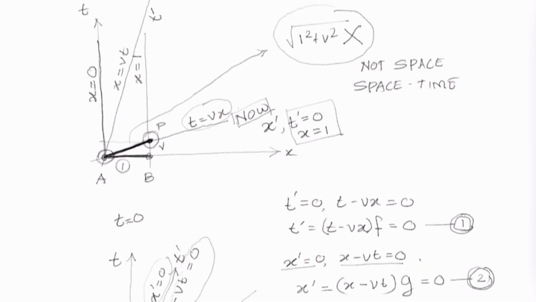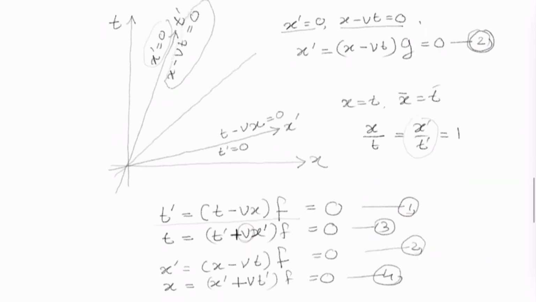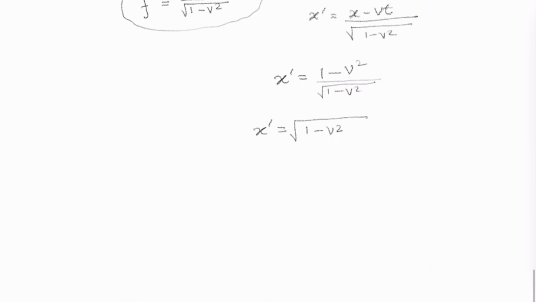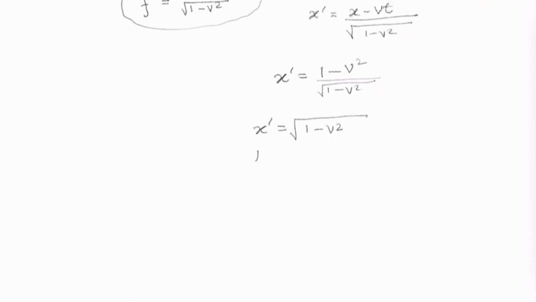So this length is shorter than this length. So to a moving observer, length in a non-moving reference frame is shorter. This is the length contraction.